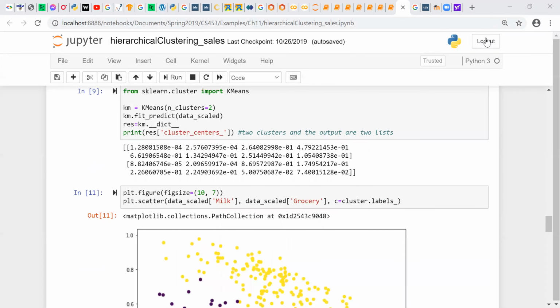Let's see. Over here, with that original grocery data, we have milk, detergent, fresh produce, and something else. I'm going to do just two clusters.